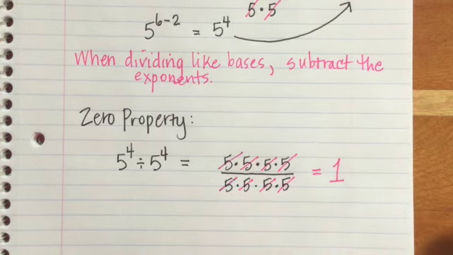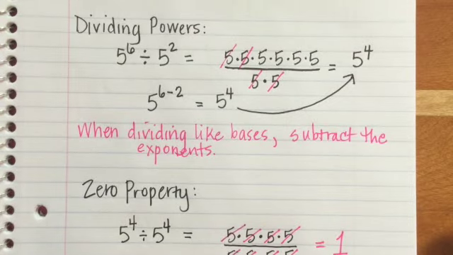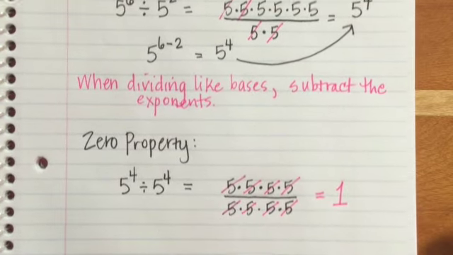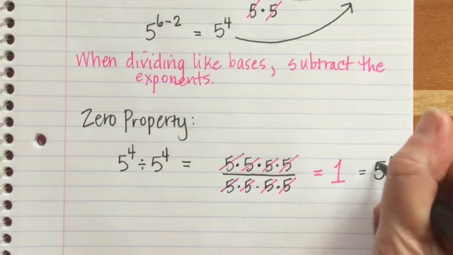So the rule with zero powers, right? If I had just used my division property and just subtracted those exponents, the answer I would have gotten was 5 to the 0 power.